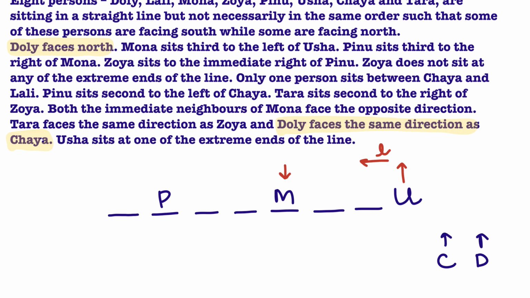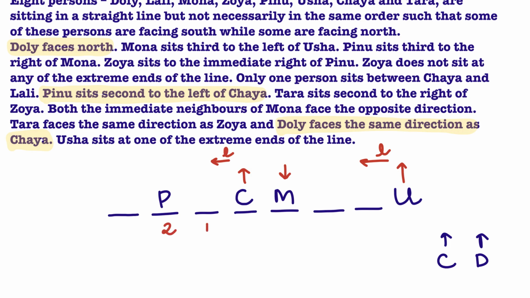Now, if you read the line, Pino sits second to the left of Chaya. I need to take Chaya in this position where between Pino and Chaya there is one person, right? Now, I know that Chaya is facing towards north with the previous sentence, and this happens to be the left side of Chaya.